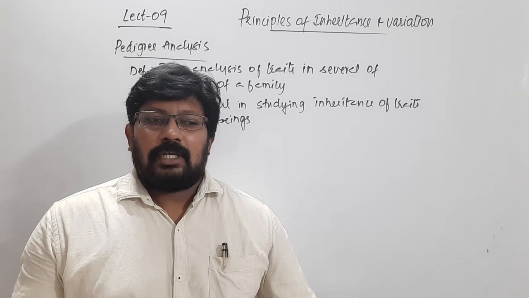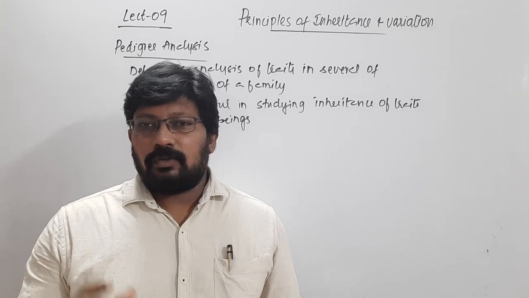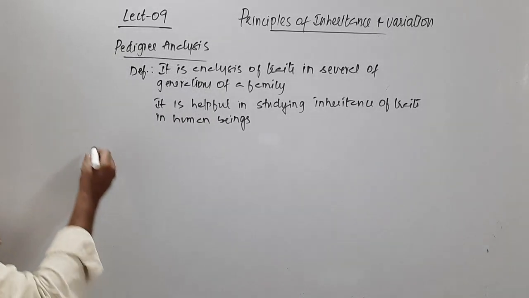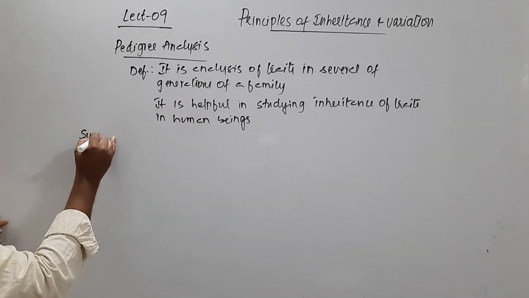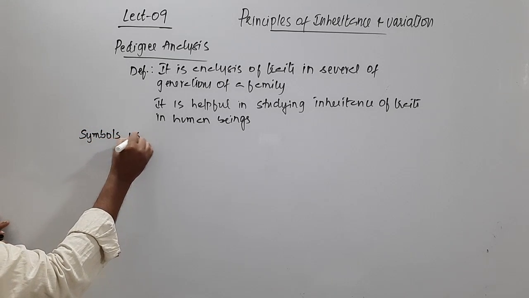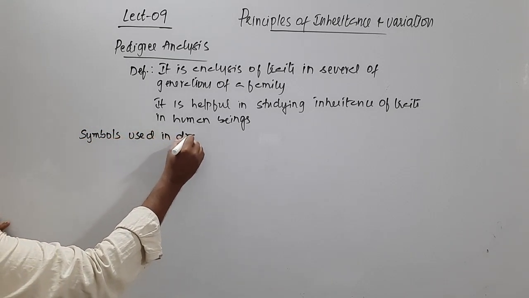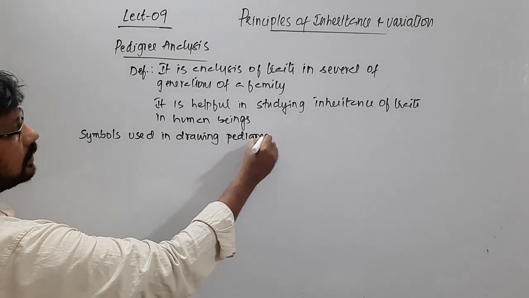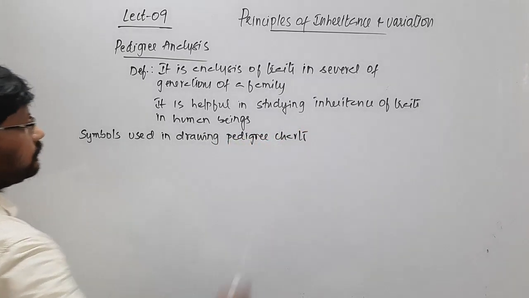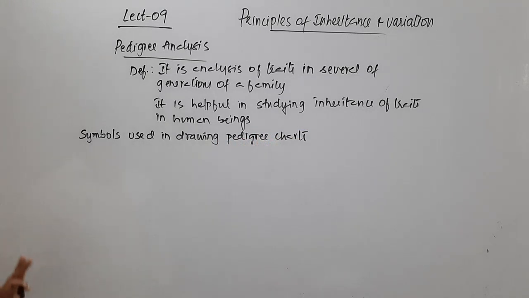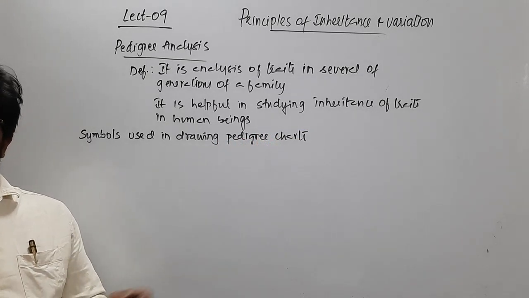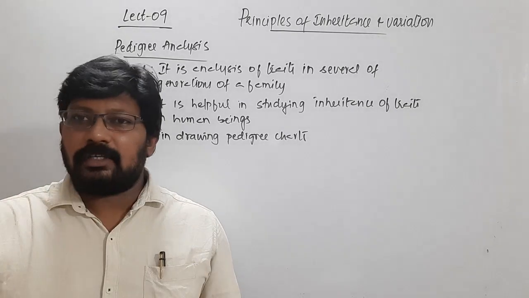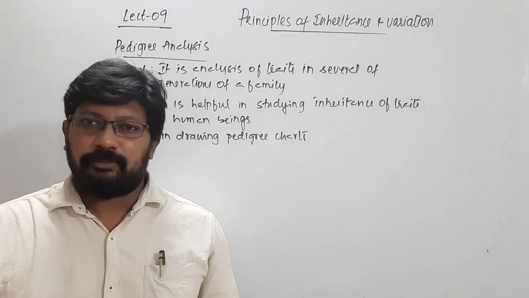To draw a pedigree chart, we need to use certain symbols. So first we'll see the symbols used in drawing pedigree charts. After coming to know the symbols, I will show you how to draw a pedigree chart.